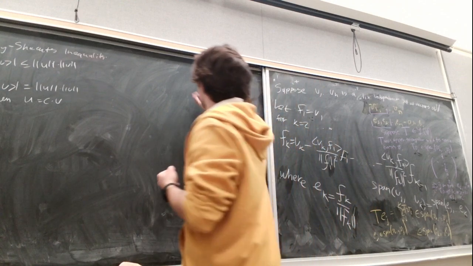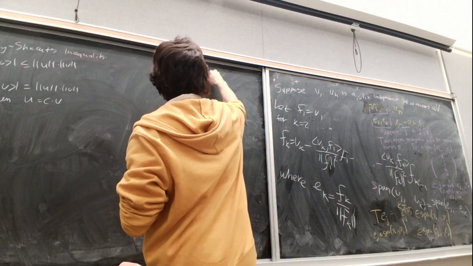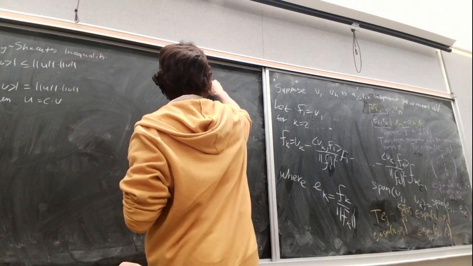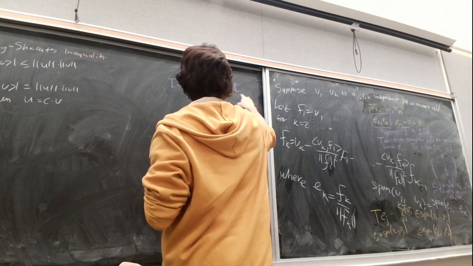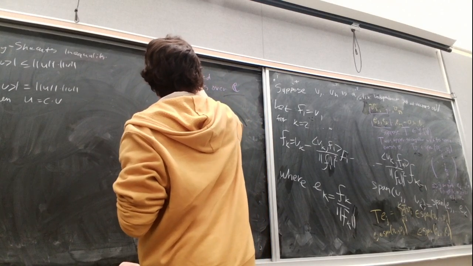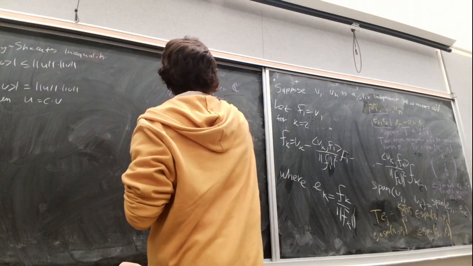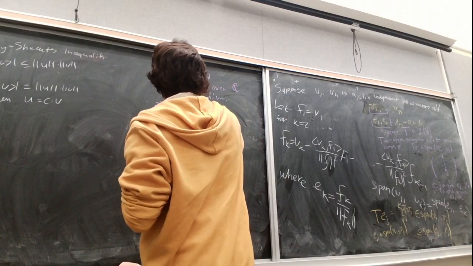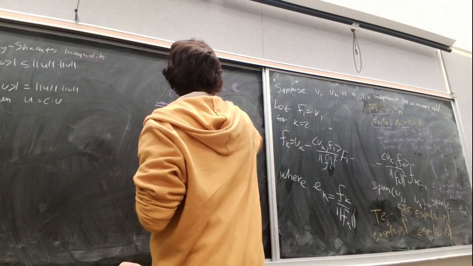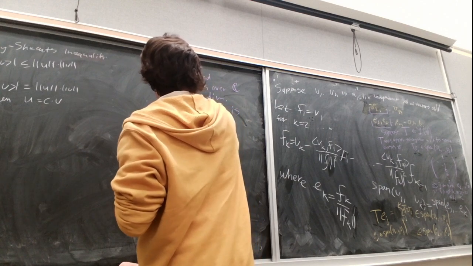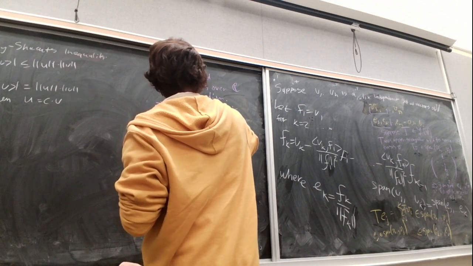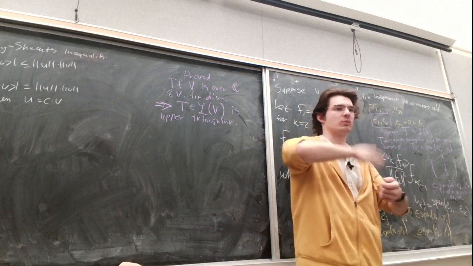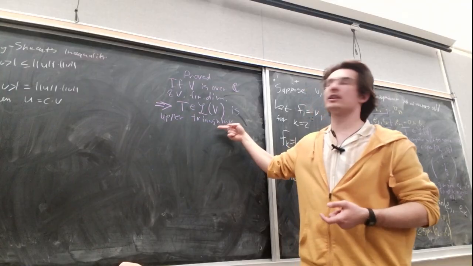So the fact that we proved on day 1 is: if V is over C, and V is finite dimensional, this implies that any operator T on V is upper triangular, in the sense that there exists a basis with respect to which its matrix is upper triangular. So this is something that we proved on day 1.